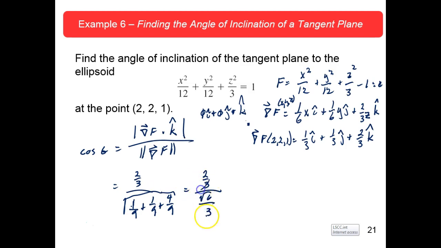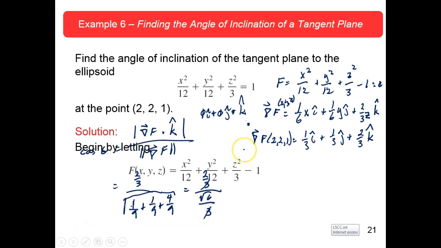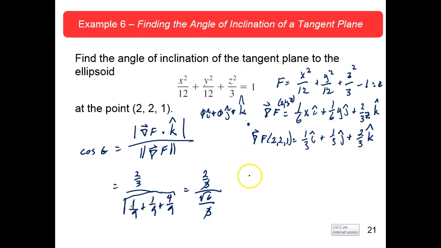Well, the 3's cancel, and you basically have 2 over root 6. And theta is going to be the inverse cosine of 2 over root 6. What do you get?